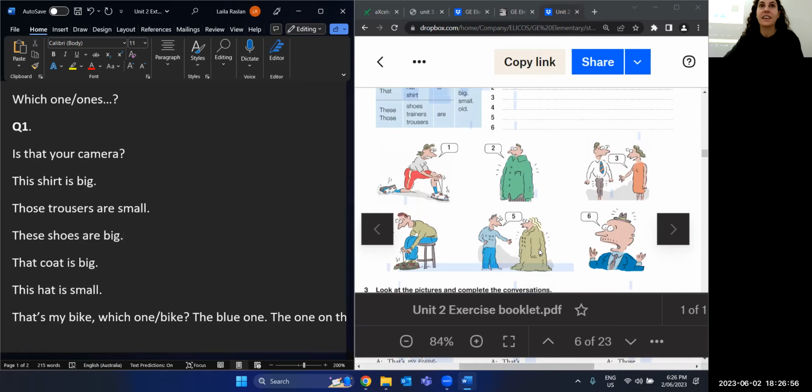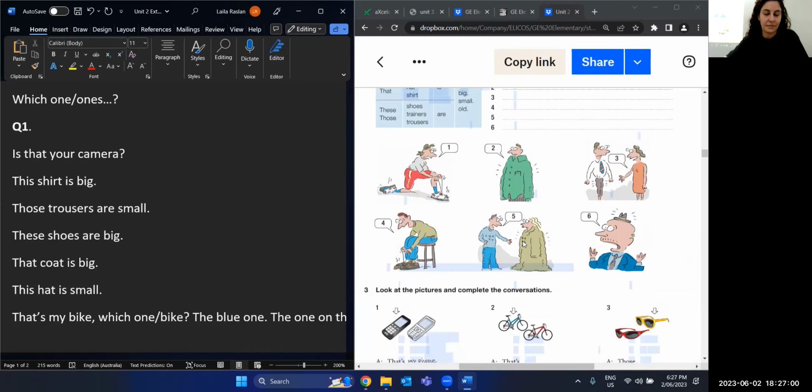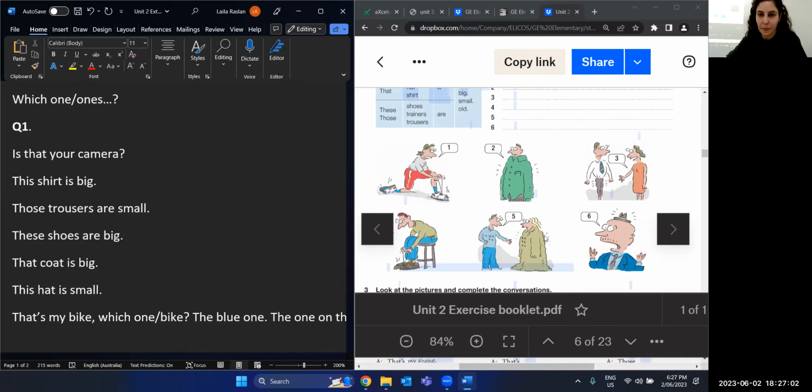Number 5, Odilon. Is large. Yeah. He's not touching it. That coat is large. Yeah, big, large.